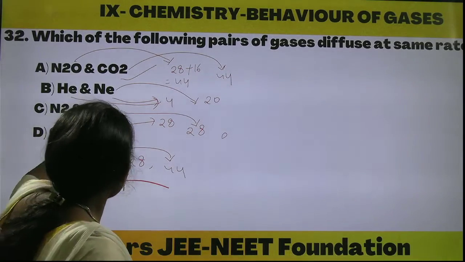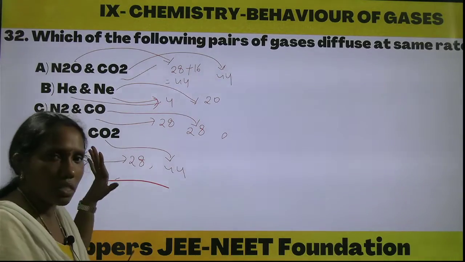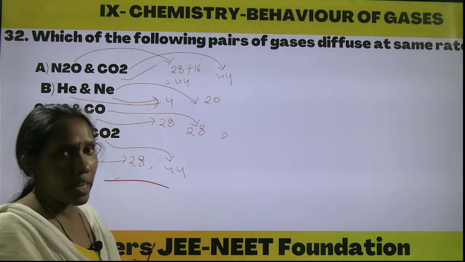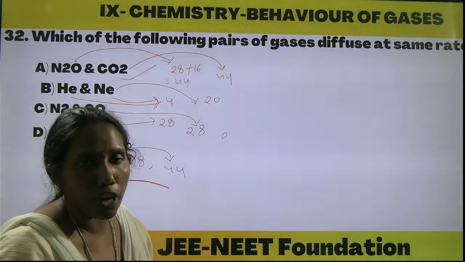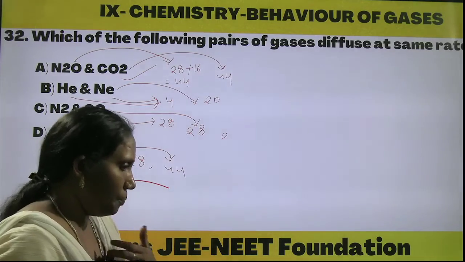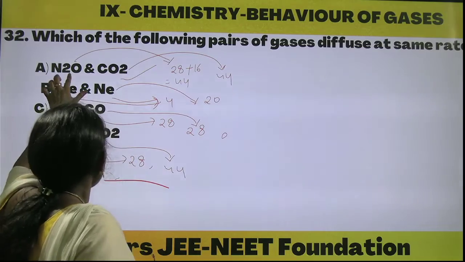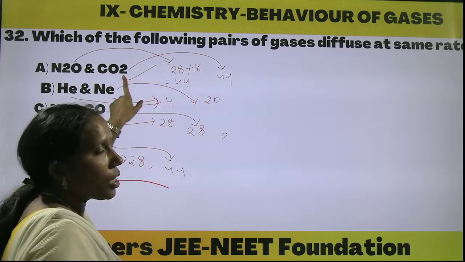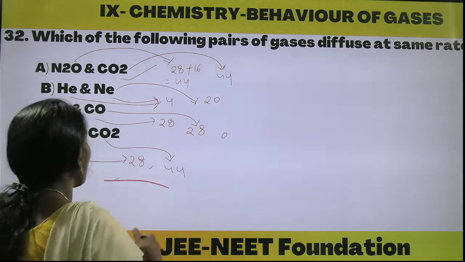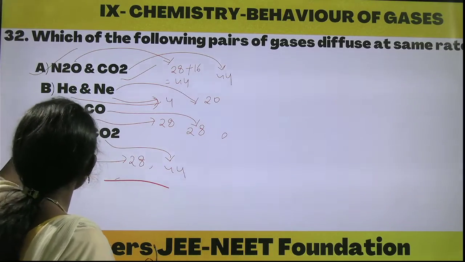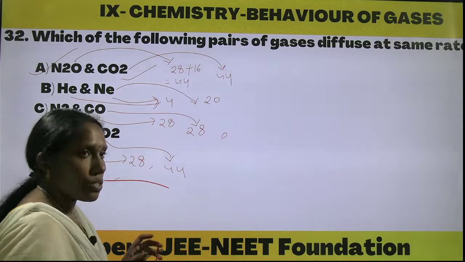So now we know all the molecular weights. Let's see which diffuse at the same rate, those which have the same molecular weight. N2O and CO2, both molecular weights are 44, so they will diffuse at the same rate. Coming to the next option, helium is 4, neon is 20.